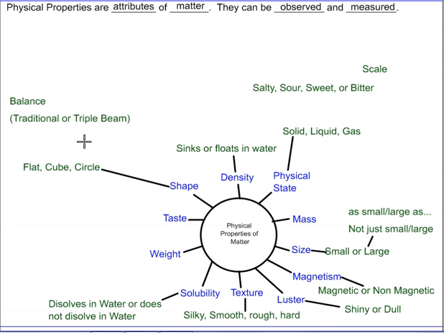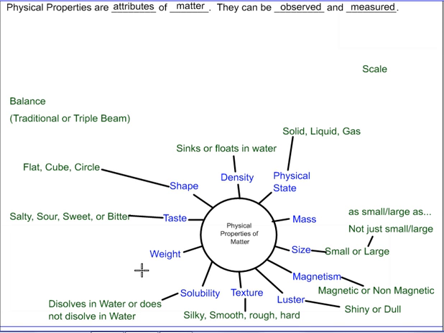That list can go on, as can all of these or a majority of these descriptors. All right, taste, that's one that you guys like. If Miss Span or I tell you that you can taste something, you can describe it as salty, sour, sweet, or bitter.